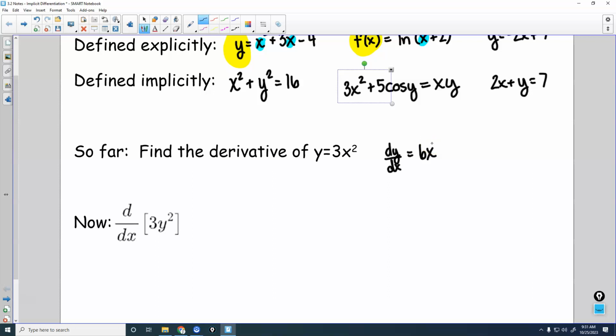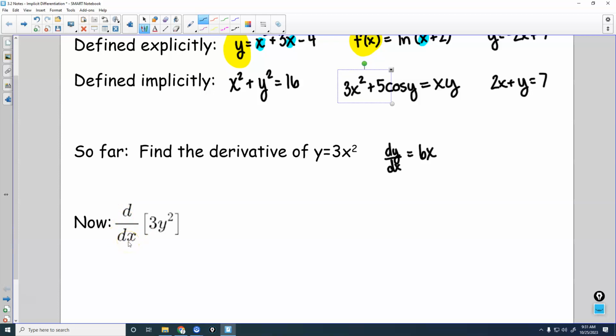Or you could call it y prime. Either would work. Now, if we take the derivative of y, like pretend we're just taking the derivative of y with respect to y, what's the derivative of y? 1. It would be 1, right? But we're taking the derivative of this function with respect to x. That's why we have this x right here. We also see over here we got d over dx.